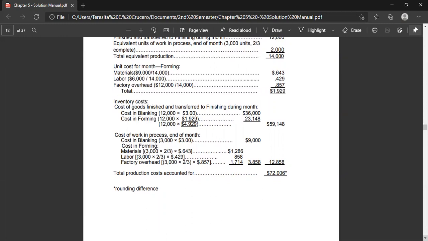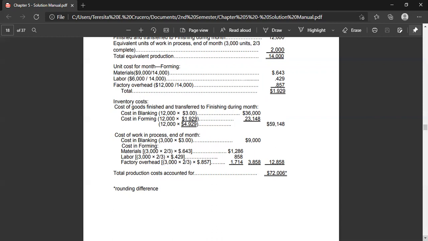Cost in forming, 12,000 times 1.92, so you get 2,000 times 4.29. And finally, we have the cost of the work in process at the end of the period. We have the cost in blanking, 3,000 units divided by 3 times 3 per unit, so you get 9,000.